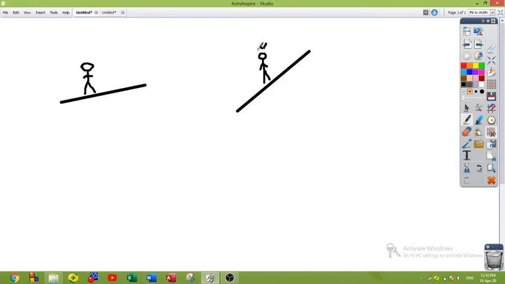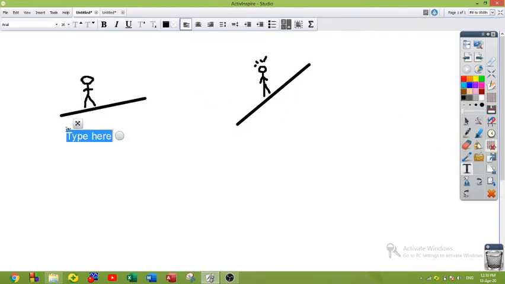Here we have a small gradient, but here we have a large gradient.